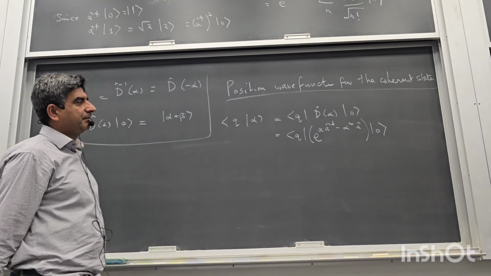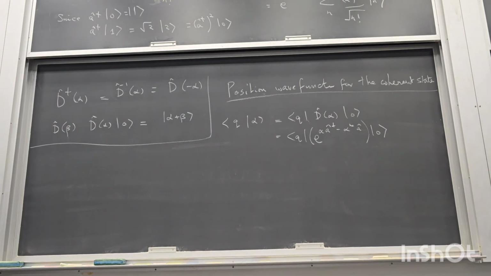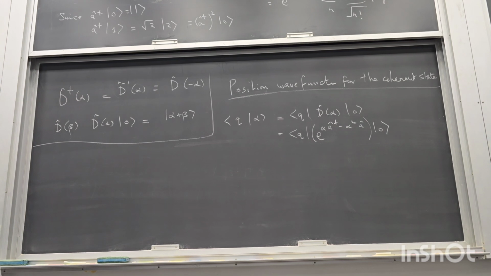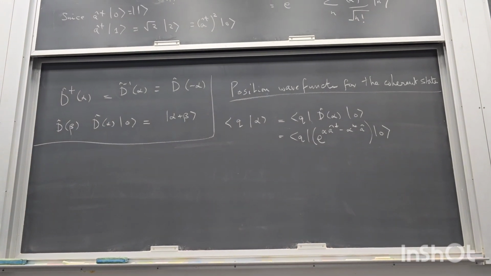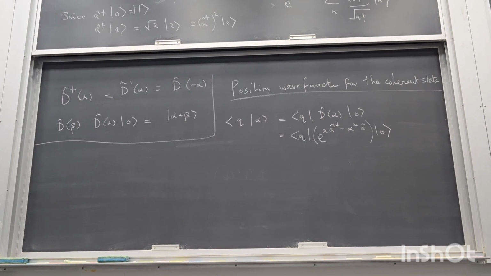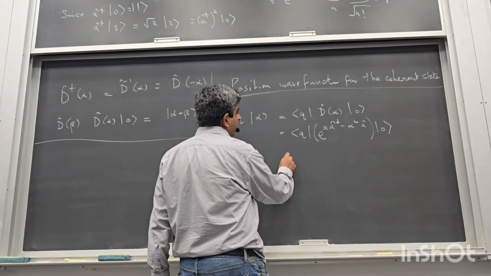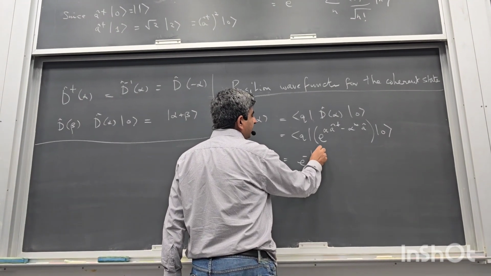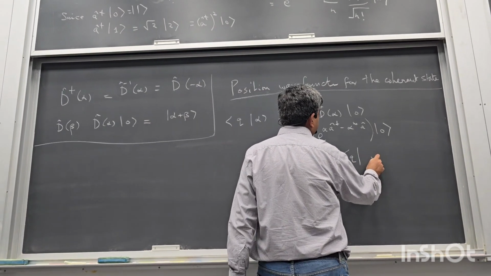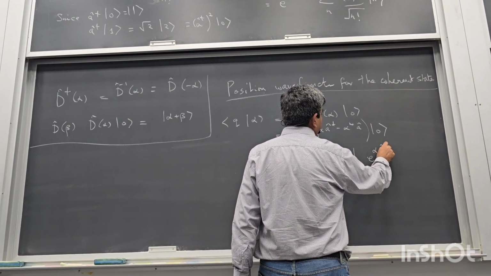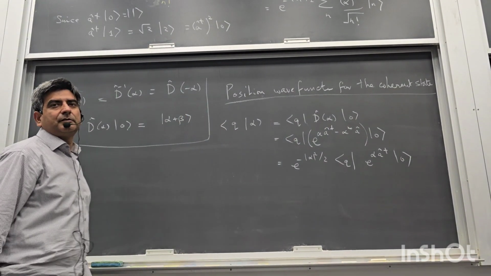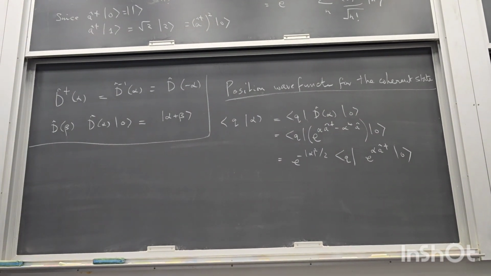This is what I'm interested in. Now I can use the same formula that I already have. This, of course, is going to give me e raised to power minus |alpha|^2 over 2, <q|e^(alpha a†)|0>. Correct?